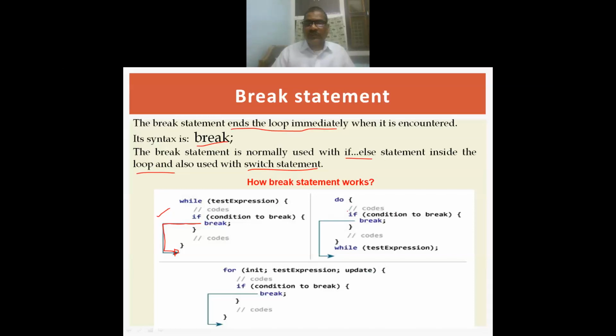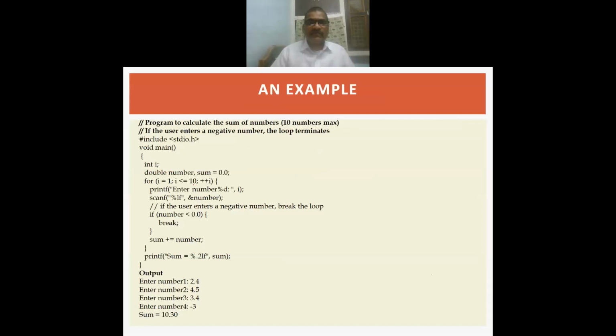Similarly, in the do while loop, when we execute the break, it transfers the control to the end of the loop. In the for loop also, if the condition is true, then we execute the break statement, and break will transfer the control out of the loop. So break is used to exit from the loop. At any iteration, if you want to come out of the loop, we can make use of this break statement.